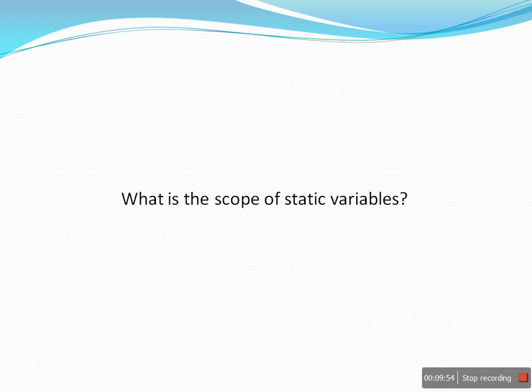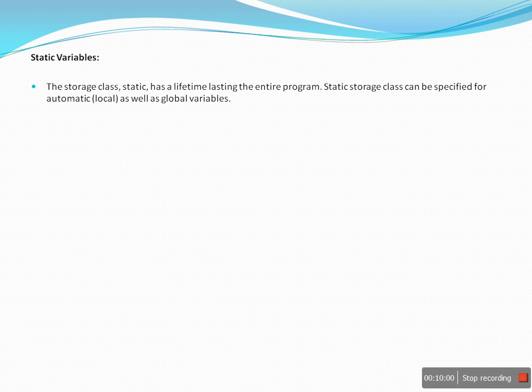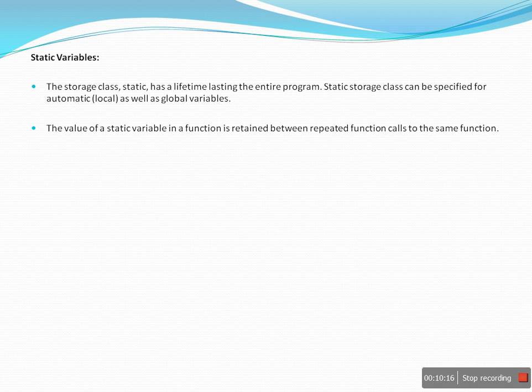So what is the scope of static variables? The static storage class has a lifetime lasting the entire program. Static storage class can be specified for automatic as well as global variables. The value of a static variable in a program is retained between repeated function calls to the same function.